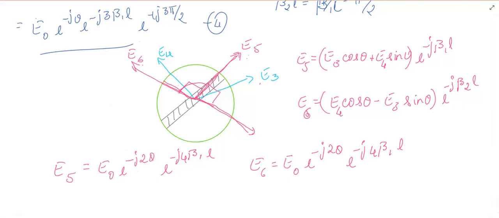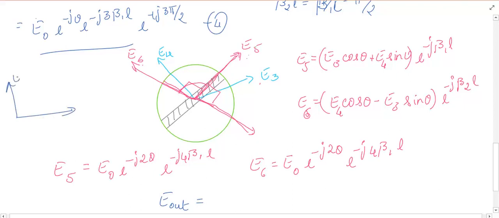So our resultant output, which is coming out from the other end, can be written as E out, which is equal to, how to write this? If I have two fields, one is like this and one is in this direction, this is our E5 and this is our E6. If I represent the resultant, it will be like this, and this resultant field is given by its magnitude.